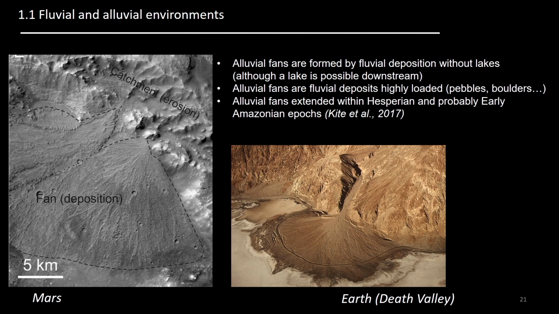Another type of fluvial and alluvial environment corresponds to alluvial fan deposits. Fan deposits, as you can see in the example on Earth here, correspond to deposition of material very close to the source, especially when you have a difference of slope between a mountain and a flat basin. That's typically where you form them.